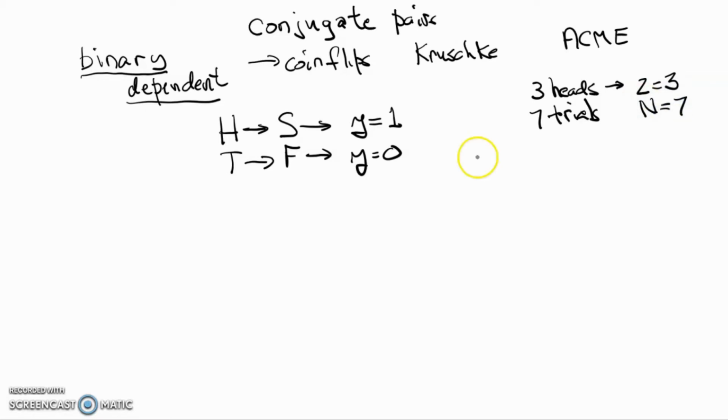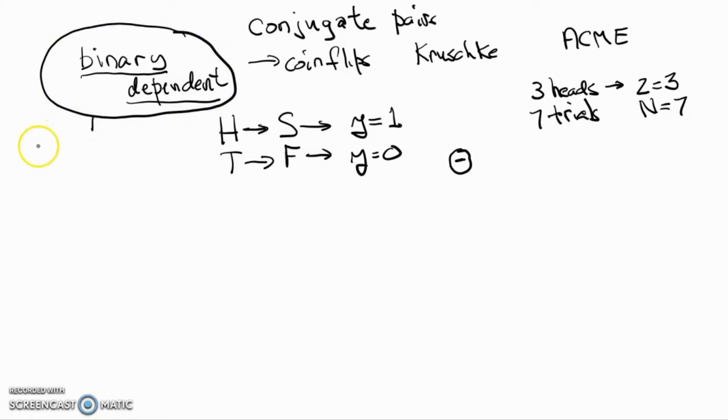And our goal is to come up with a posterior distribution of the parameter theta, where theta, when we've got a binary dependent variable, is associated with a likelihood function that's going to be Bernoulli/binomial.